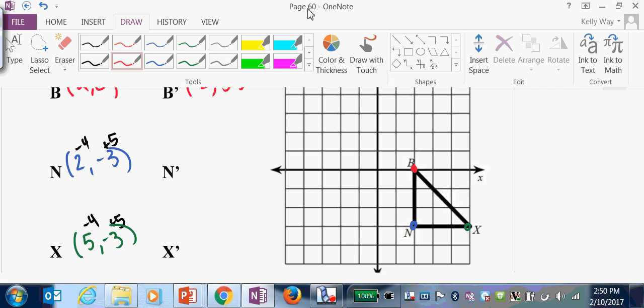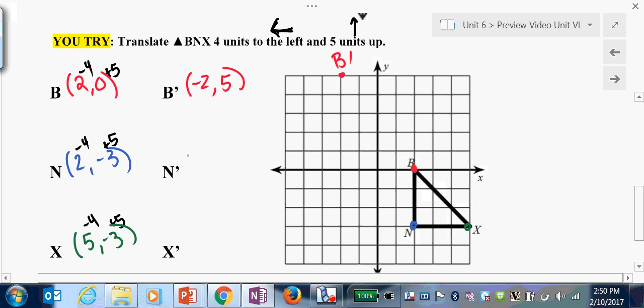And then 2 minus 4, that's negative 2, and negative 3 plus 5, that's positive 2. So negative 2 and positive 2. That is our N prime. And then here we have 5 minus 4, that's 1, and 3 plus 5, that's going to be positive 8 again.